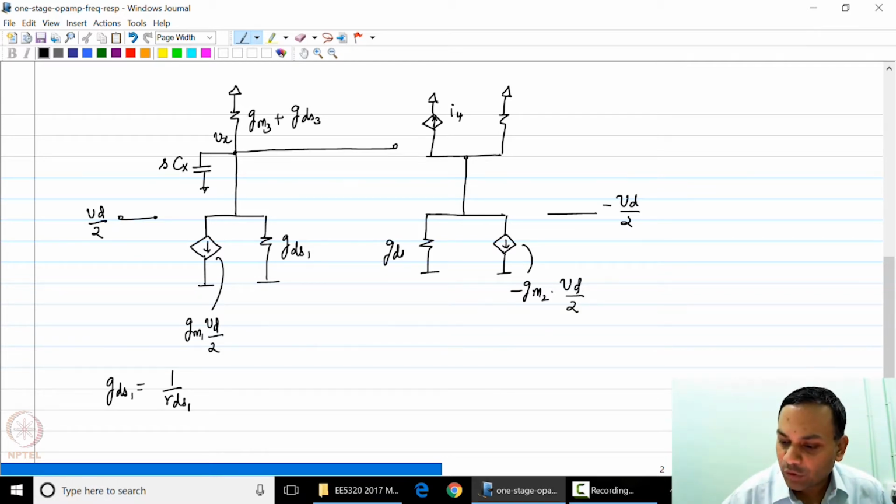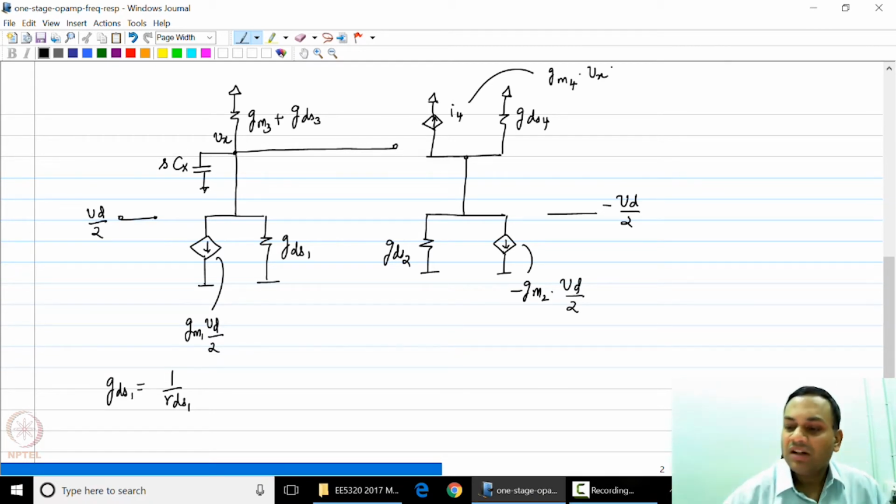This conductance is of course gds2 and this is gds4. Current I4 is nothing but gm4 times Vx. And finally, you have a capacitance Cz connected at the output node, and this is the output voltage.